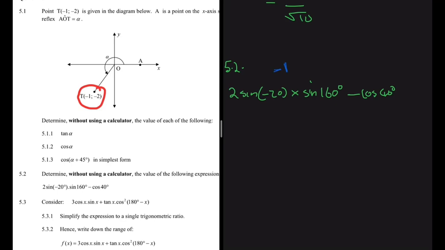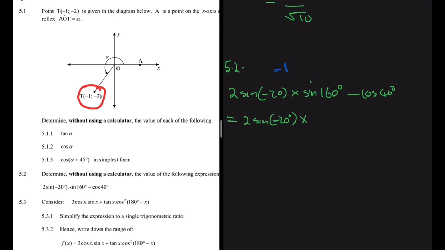So let's solve our equation. So this is equal to, so we have 2 sine of minus 20 degrees, right? What can you do to 2 multiplied by sine of minus 20 degrees? You can't do really much. So we're just going to have 2 sine of minus 20 degrees. And then we have sine of 160 minus cos of 40 degrees, right?